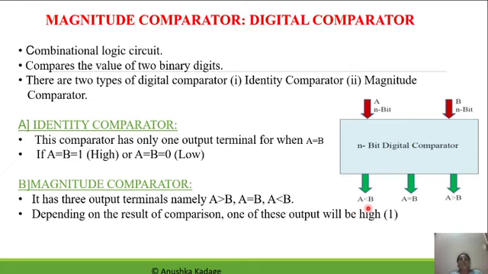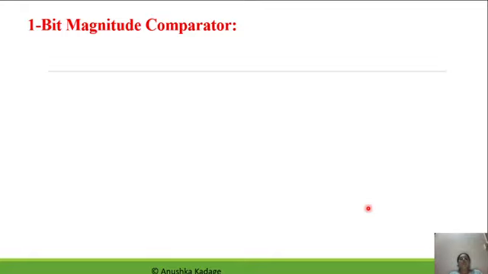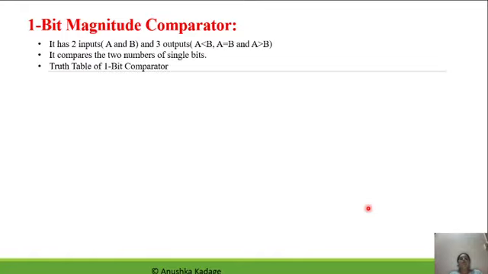This is how the digital comparators work. In detail, now we are going to check the magnitude comparator. So first we will go for the 1-bit magnitude comparator.